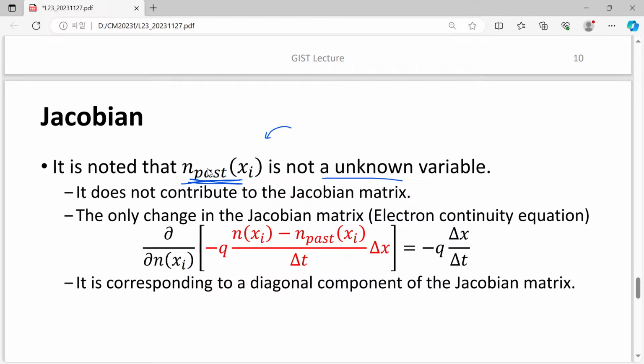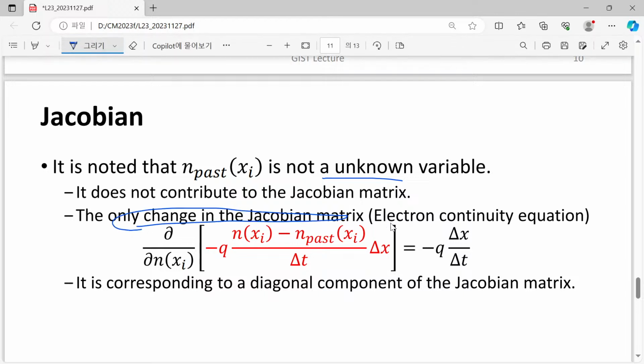So, simply speaking, it does not contribute to the Jacobian matrix. The only change in the Jacobian matrix from the electron continuity equation comes from this component. When we take the partial derivatives, this one goes away, and this number is simply a constant, minus q times delta x over delta t.